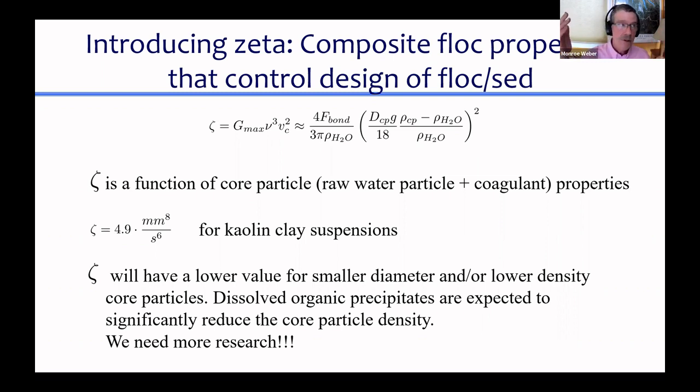And so if you have a water with lots of organics, your zeta for the water you're trying to treat is much lower. And that's going to change the design that you can use for the flocculator and the sedimentation tank. So why is this a big deal? Every time previously when I taught about flocculation and sedimentation, and somebody would say, but what raw water quality, how do you use raw water quality to adjust your design?